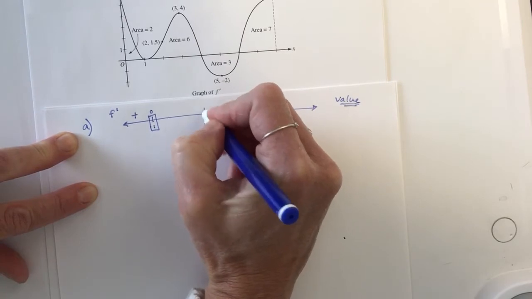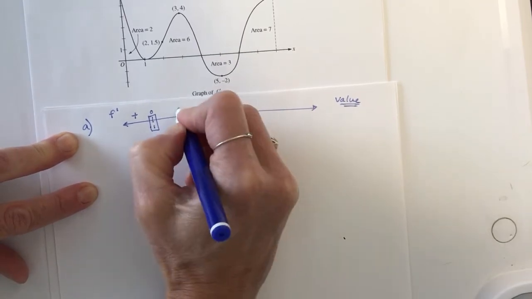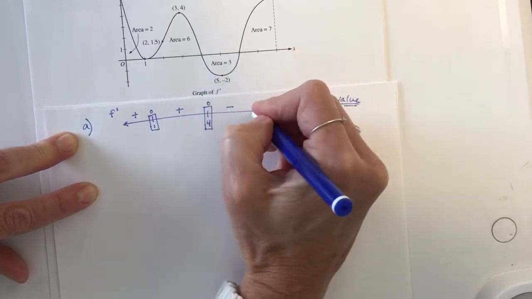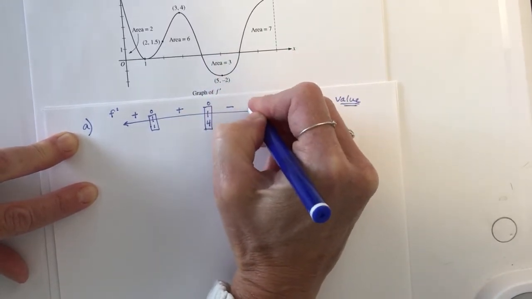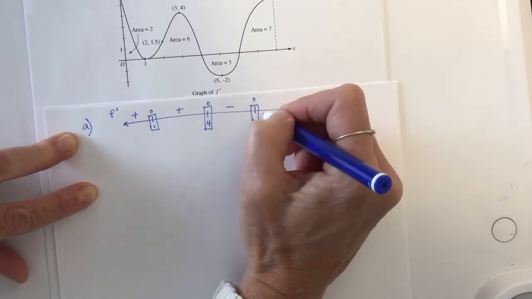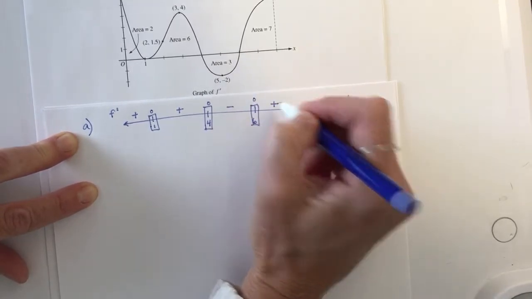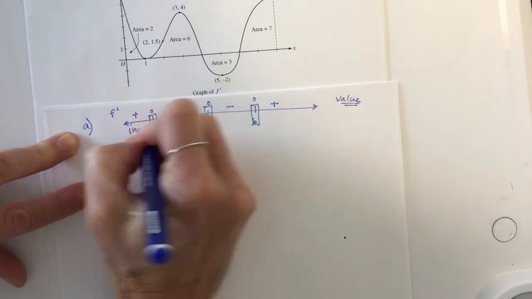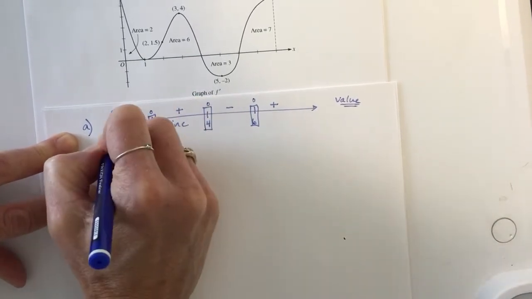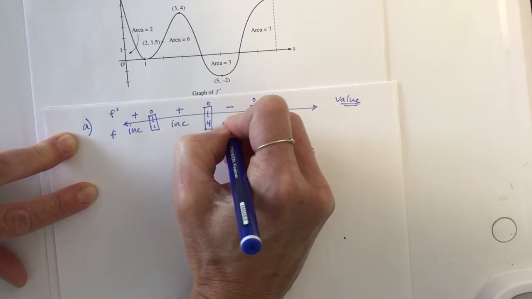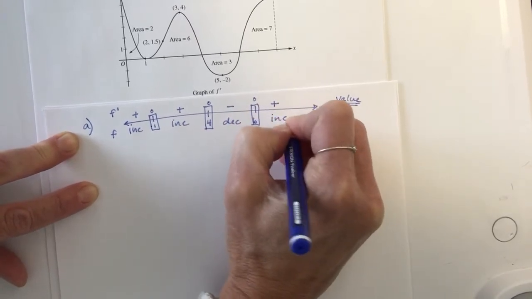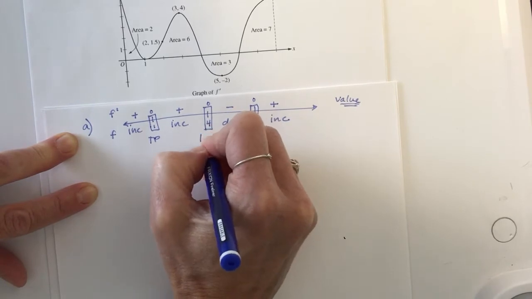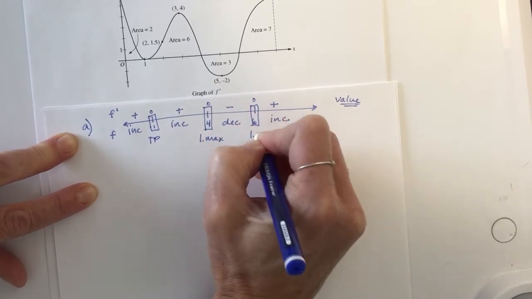So at 4, we're at 0 again, we're positive. And then it goes to negative for 5, and then comes back to 0 at 6. And then it's positive again after 6 to 8. Okay, so we're increasing. This is f down here. Increasing, decreasing, and increasing. So we have a TP, local max, and a local min.